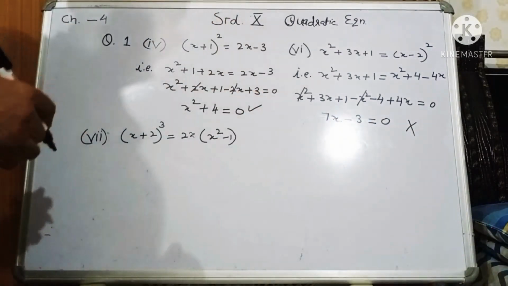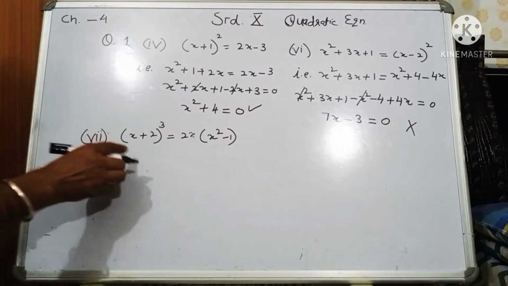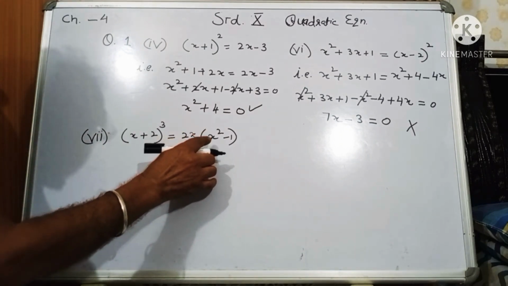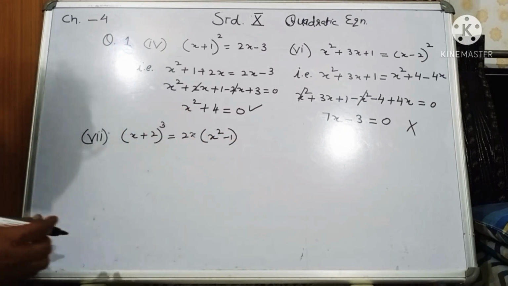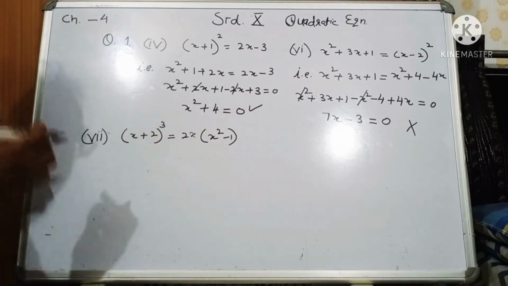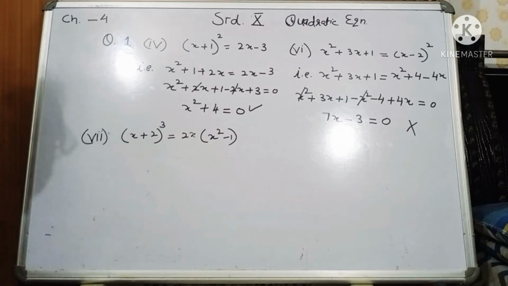Now we will check 7th part. (x plus 2) the whole cube is equal to 2x into (x square minus 1). We will expand it. (a plus b) the whole cube is a cube plus b cube plus 3a square b plus 3ab square.